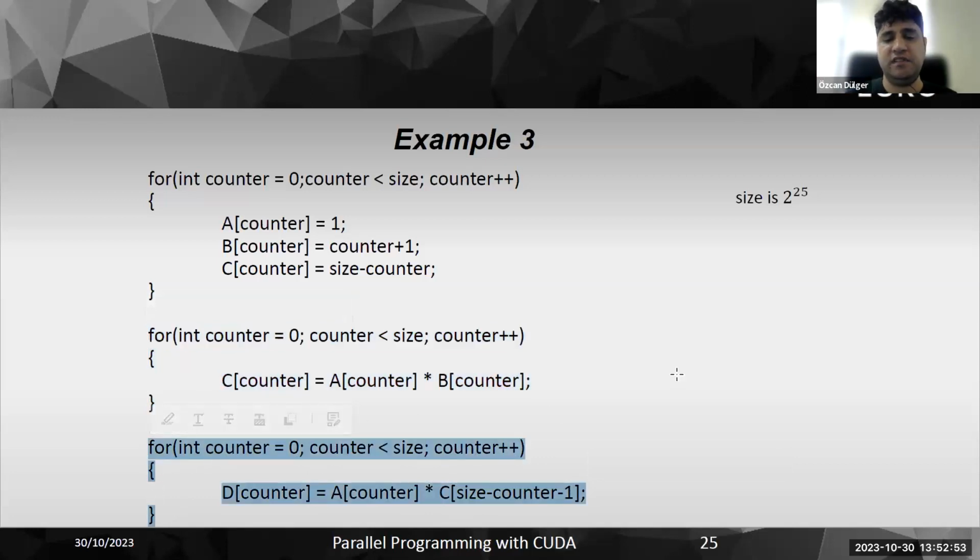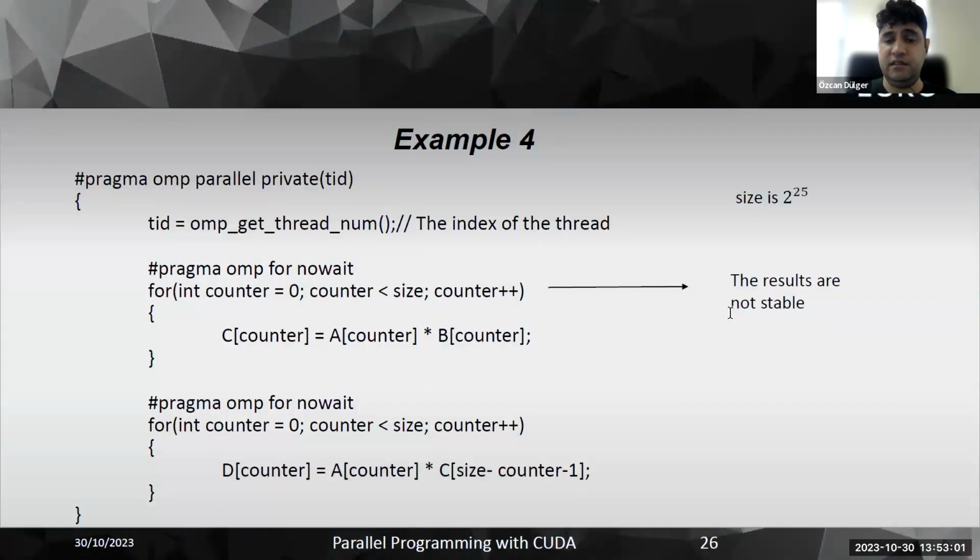In the serial version, this is not a problem because all of the loops are executed in a serial way. But in a parallel environment, there is a problem. Let's look at what the problem is. This is again an OpenMP code.